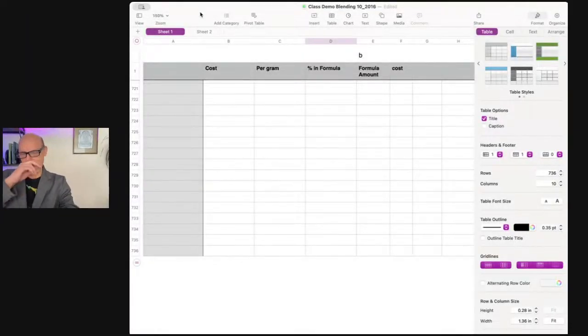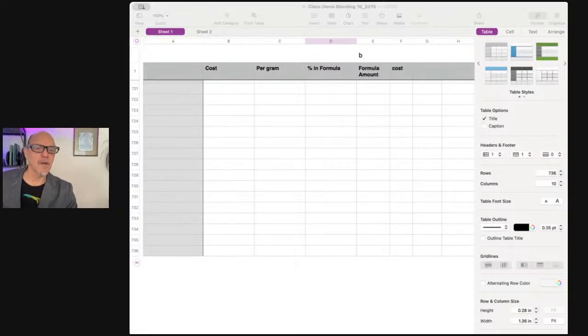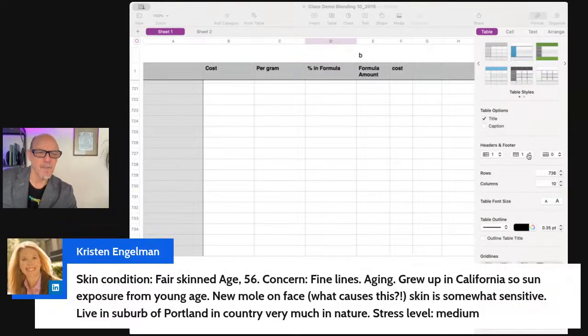All right. So here I have, hi, Kristen. Thanks. Okay. Fair skin, age 56, fine lines, aging. Grew up in California. Yeah, that can do it.